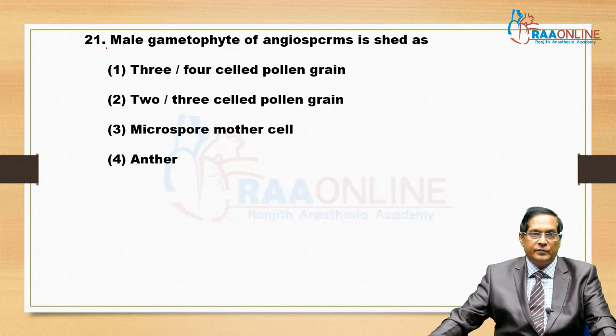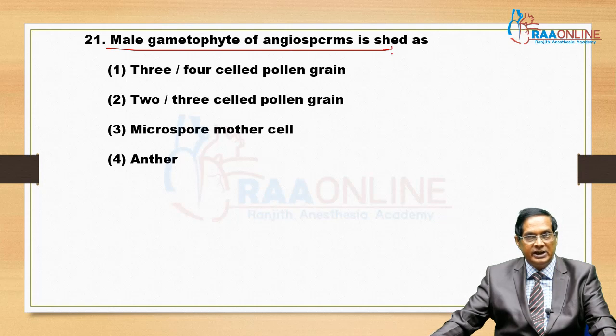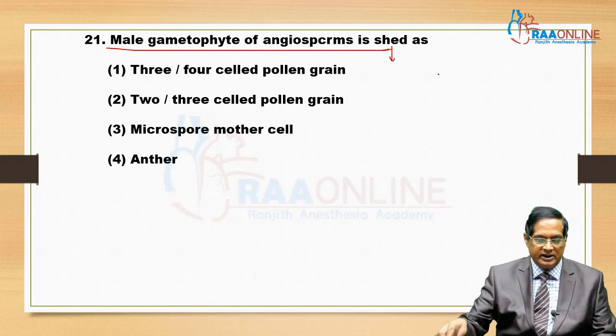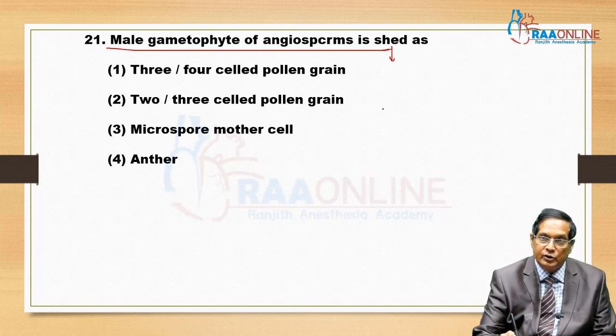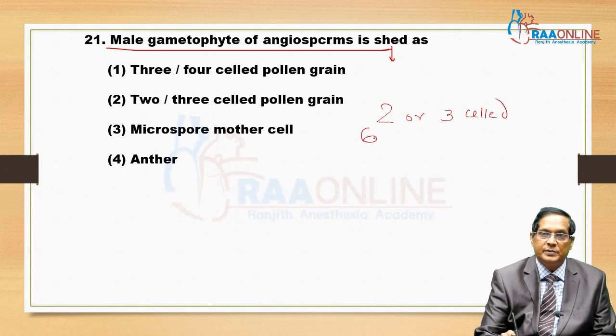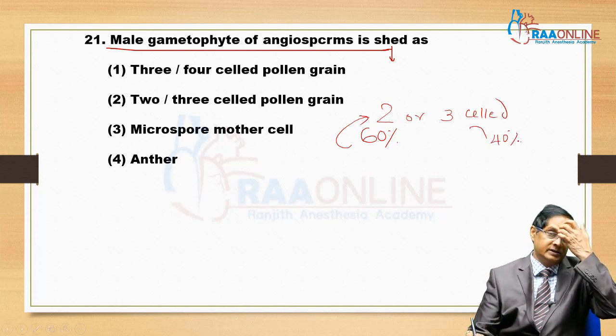The male gametophyte of angiosperms is shed, that is, pollinated at, the correct answer, the 2 or 3 celled stage. In 60% of angiosperms it is in the 2 celled stage, and in 40% of angiosperms in the 3 celled stage.